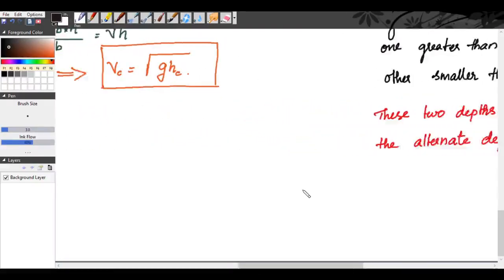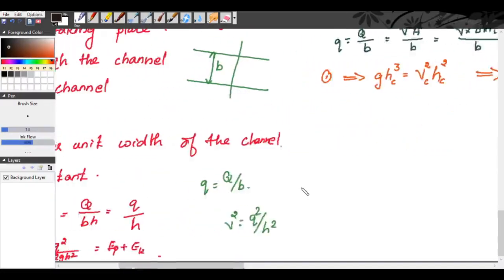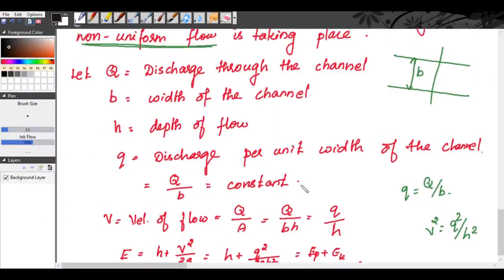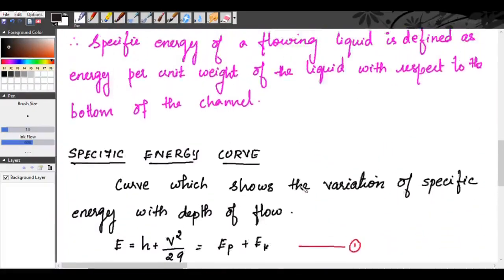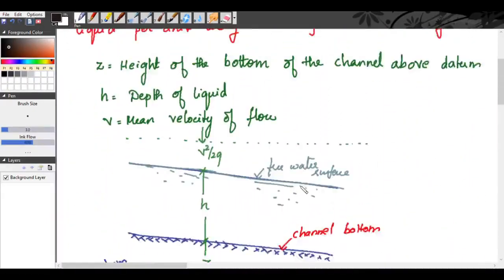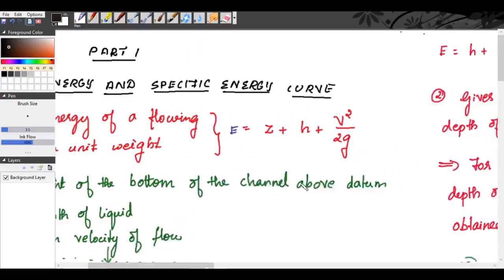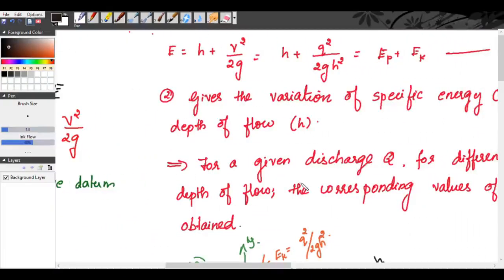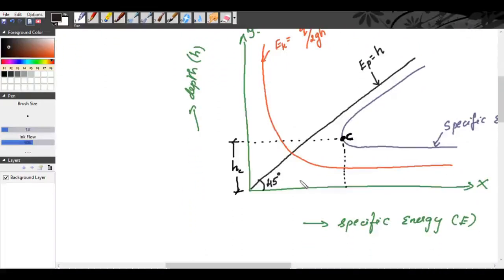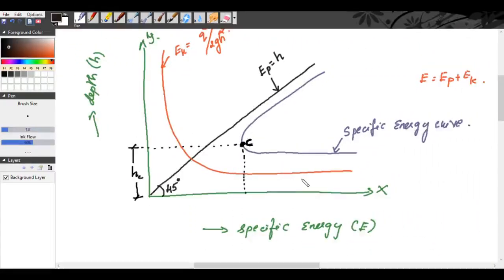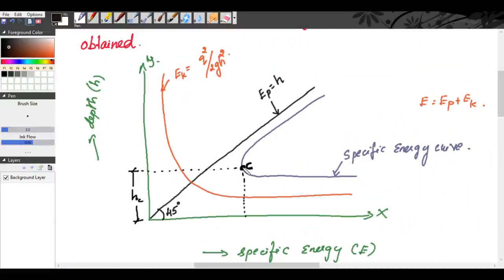So you can see in the diagram, in the specific energy curve, this point C represents the critical point. So this depth is called critical depth.